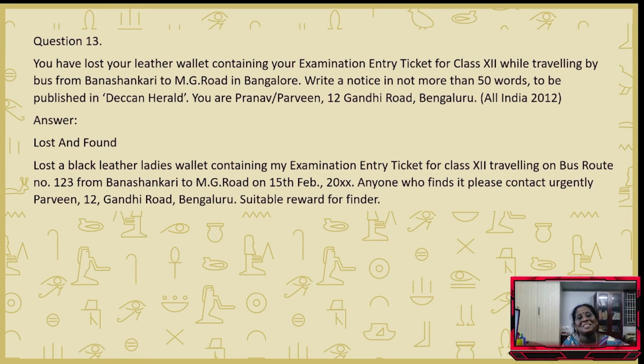So you just put "Lost and Found," then you write: a black leather lady's wallet containing my examination entry ticket for class 12, traveling on bus route 123 from Banashankari to MG Road.